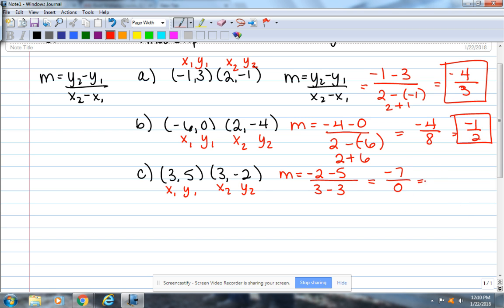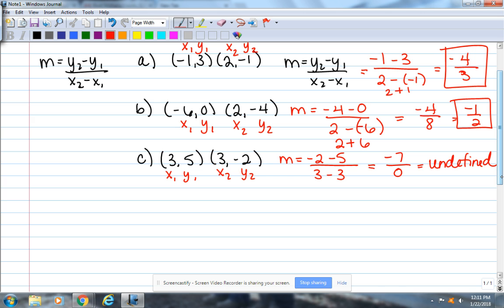So we would say that the slope of this line is undefined. One way I remember it is if you're dividing and 0 is underneath, then the slope is undefined. And we'll talk about what that looks like in a minute.